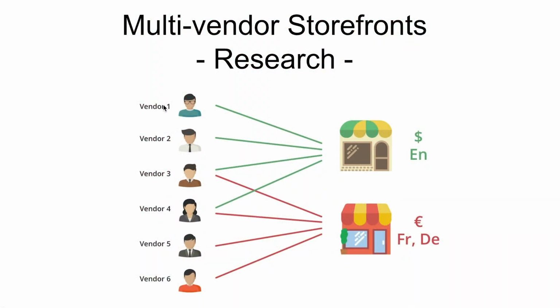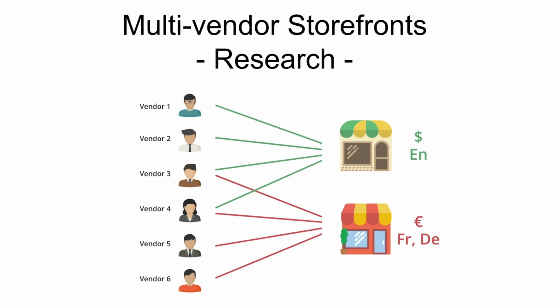So for now we are looking at the opportunity to create the same thing for Multi-Vendor. Here is a picture that displays how it should work. For example, you have a number of vendors, and you can assign any vendors to a storefront, and also set a currency and language for this storefront.